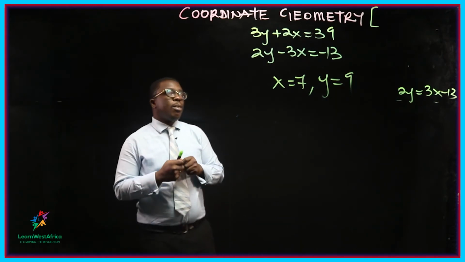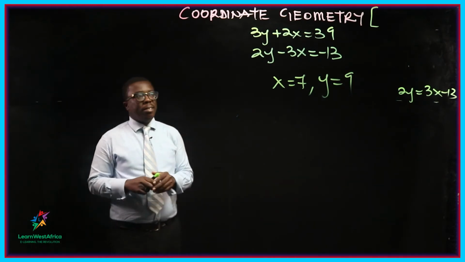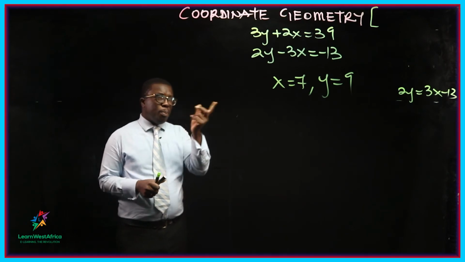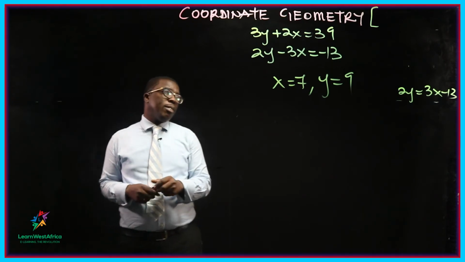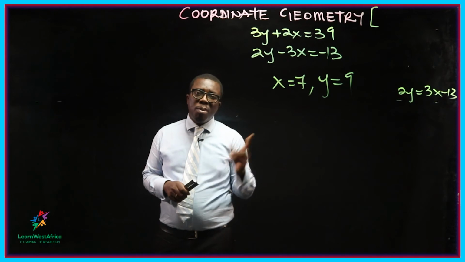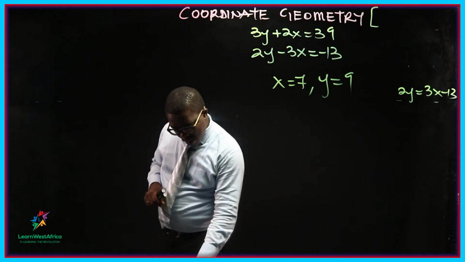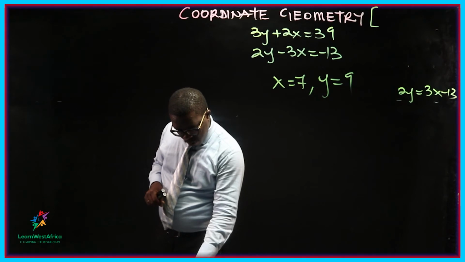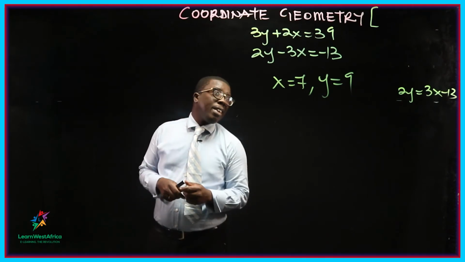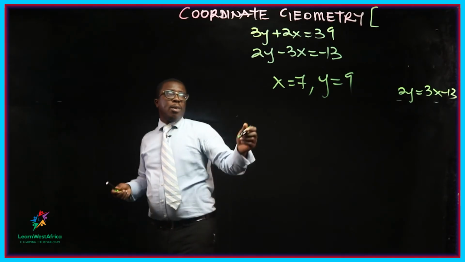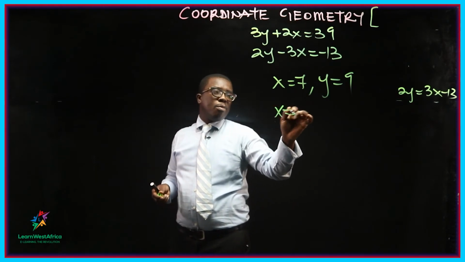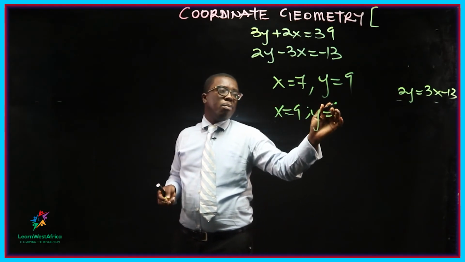Yes, so your x will be 7 and your y will be 9. Or 9 or 7, depending on how you work that out. So the coordinates of that will be 7 and 9. Okay? 7 and 9. 7 and 9. Yes, I think your x will be 9 and your y will be 7.